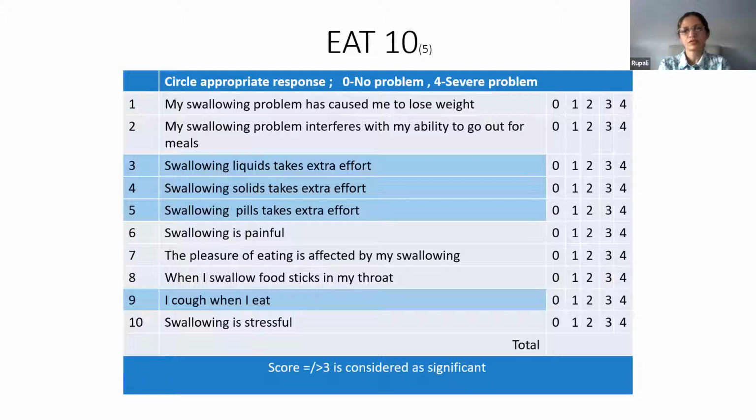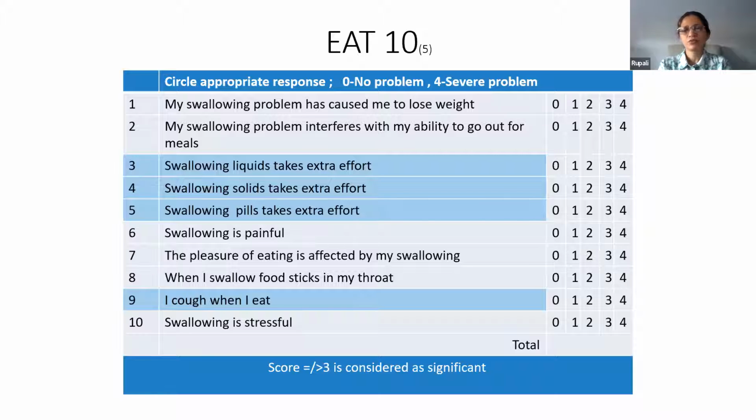So this is the EAT-10 form, which is a validated tool. It has 10 questions, and each question is scored from 0 to 4. A score of 3 or more is significant, and it suggests dysphagia in that patient, even if the patient themselves don't complain about it.